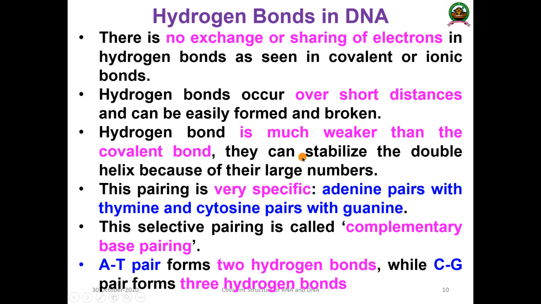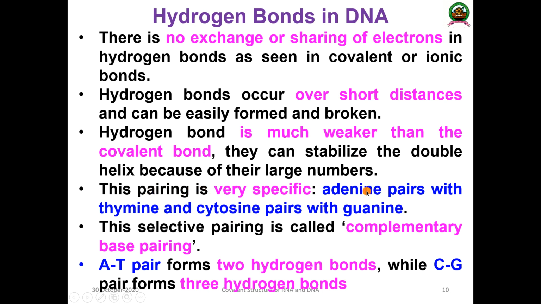Another important point is that the bonding is very specific. Adenine always pairs with thymine. Adenine of one strand in the DNA will always pair with thymine on the other strand.